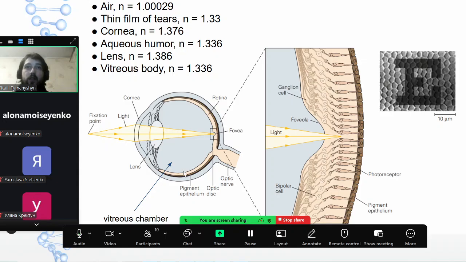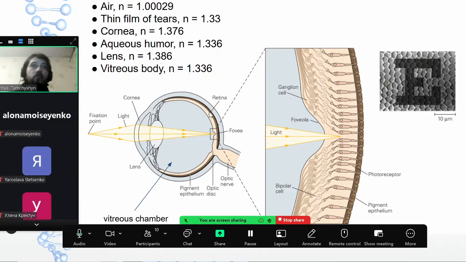Here is the retina. Retina is performing some sort of detection of the light, and we will get into some biochemical processes of that detection. You see near the retina is the so-called pigment epithelium. You may already know that we have a little bit of a strange structure of the retina, where the cells that are detecting light are down there under a few layers of different cells, including the ones that are transmitting signals.